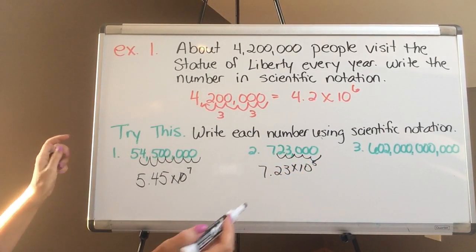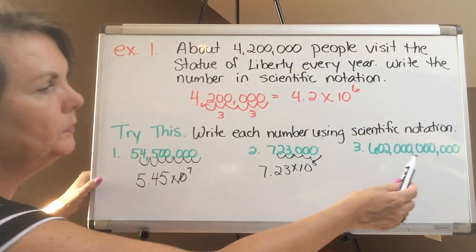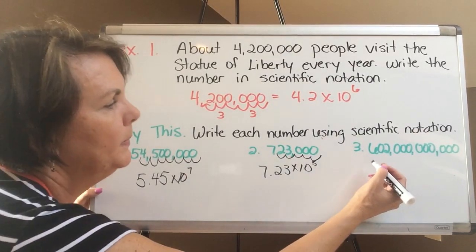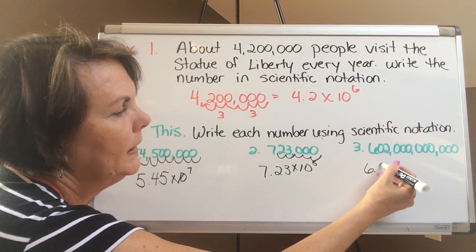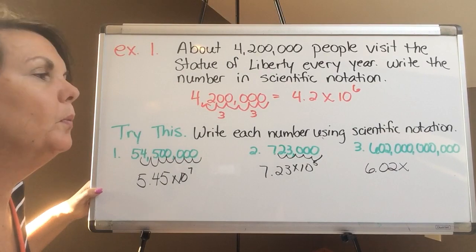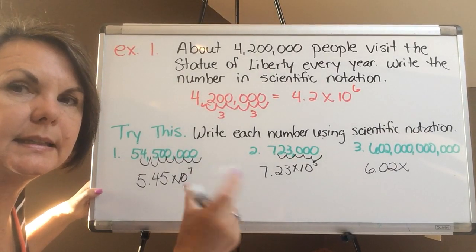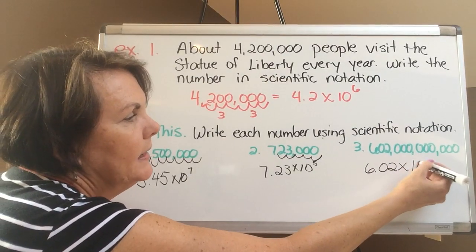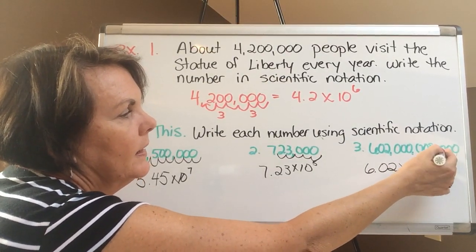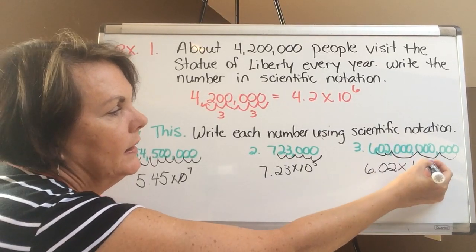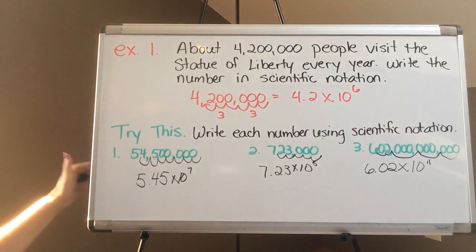And finally, this very long number, thousands, millions, billions, so we have 602 billion becomes 6.02. Why am I going to keep that 0? Well, because it's between the 6 and the 2, so it's holding that place. Times 10 to the 3, 6, 9, 10, 11, to the 11th power.